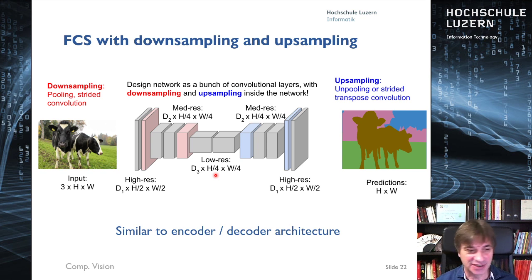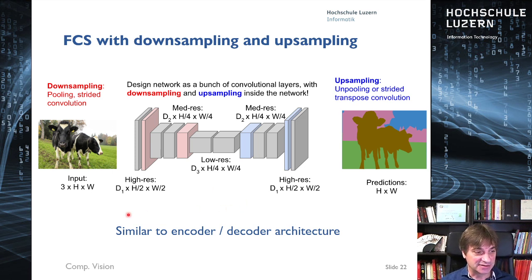Okay, so now we can actually go back to our fully convolutional networks. So now that we have solved the problem of upsampling with unpooling or strided transposed convolution, we can use network architectures that will first do a downsampling of the image, as we have seen in more conventional neural networks. You go to a lower resolution intermediate representation, and then use the upsampling layers to again get high resolution results.